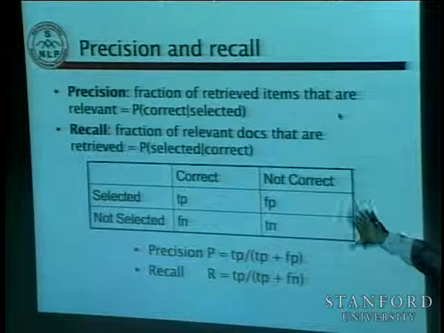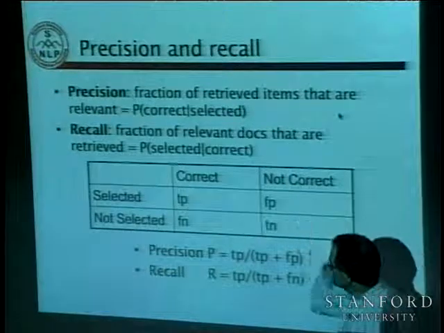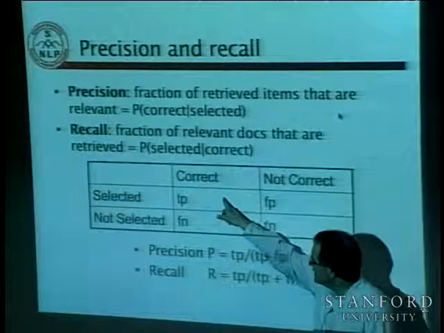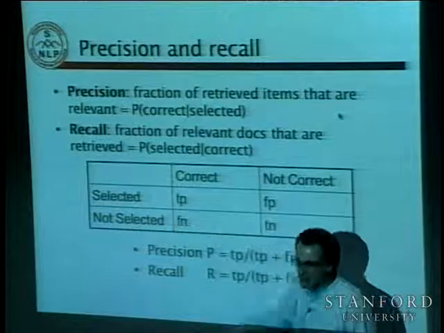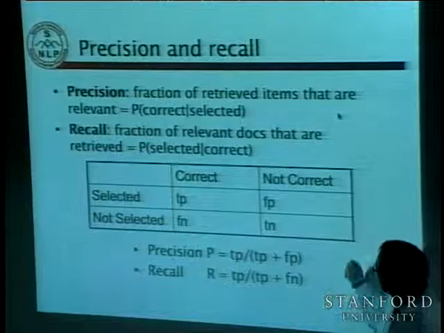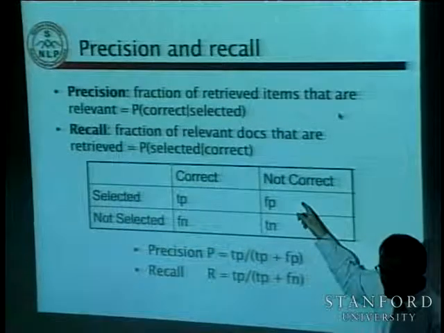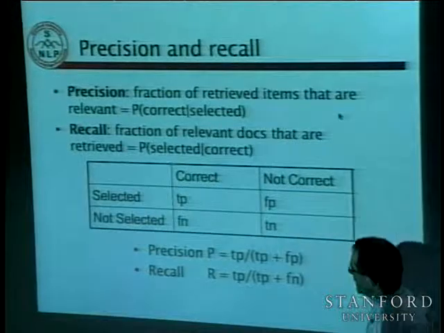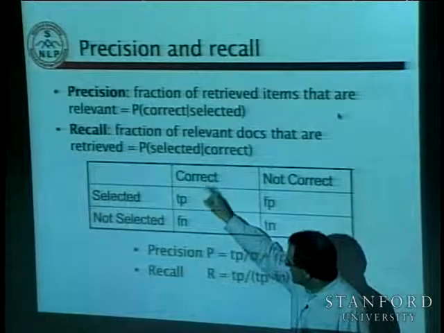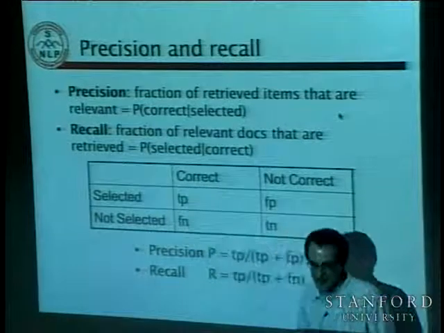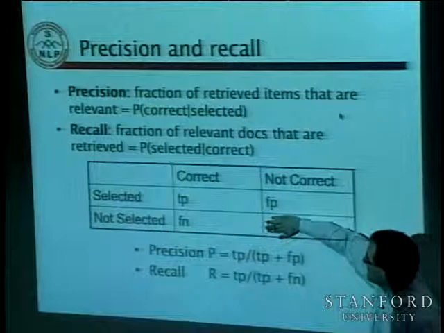You draw this 2 by 2 contingency matrix, and you have 4 cells here: the true positives, which are the things that were entities and the system returned them; the false positives, which are the things that the system said were a person name but actually weren't; the false negatives, which are the things that are a person name but the system didn't return; and then this other box is the true negatives, but we don't worry about that for the evaluation.